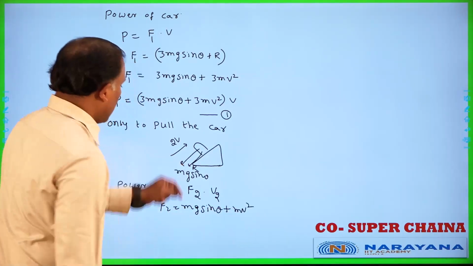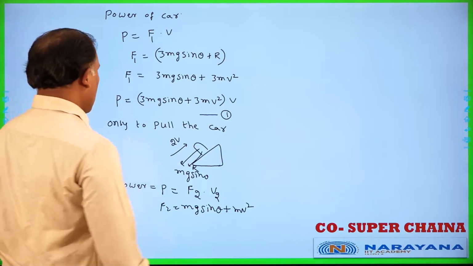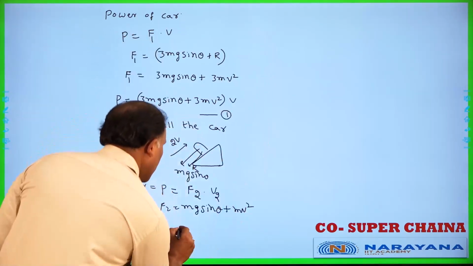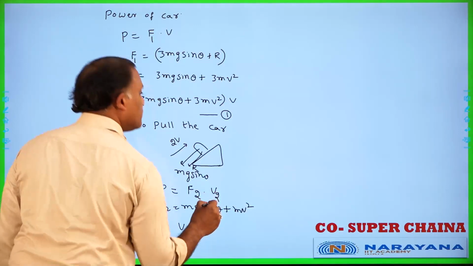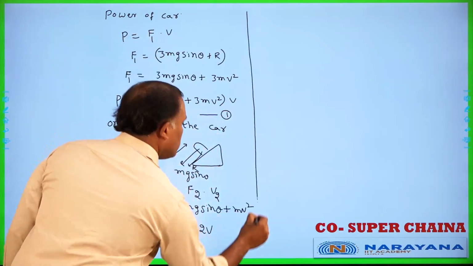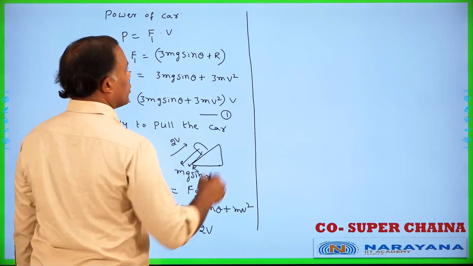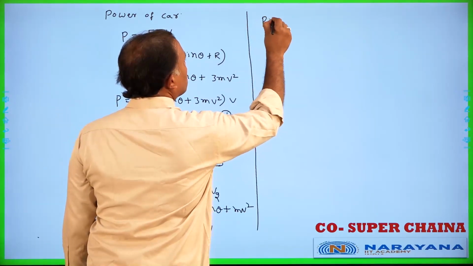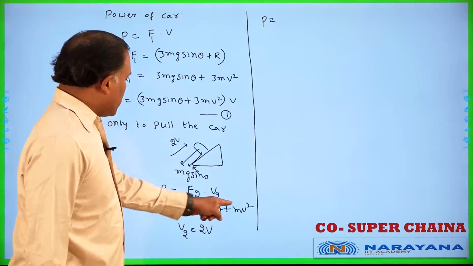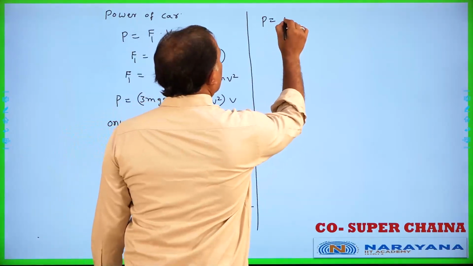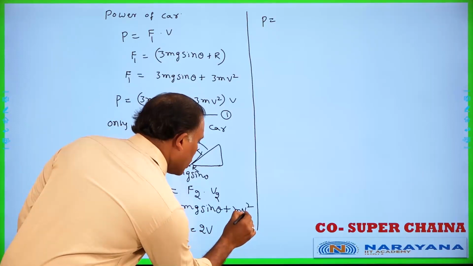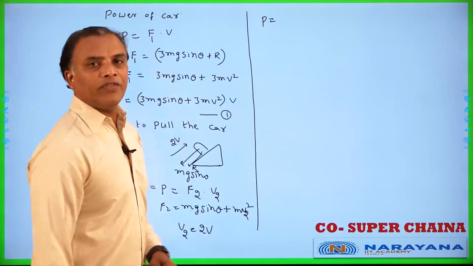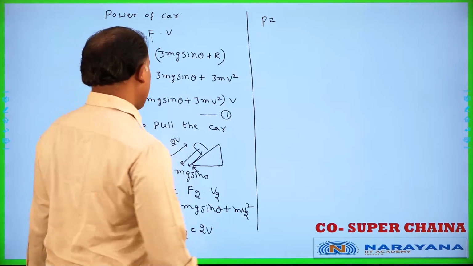Now substituting those two values, and V2 will be equal to 2v. So now I am substituting that power is equal to mg sine theta plus mv square. For v square we should substitute V2 square, because that is moving with velocity V2. So V2 also we need to replace.